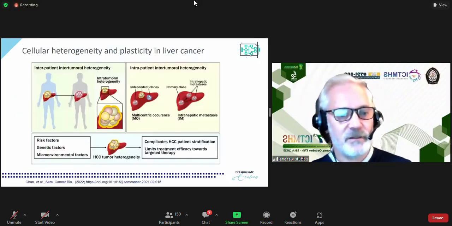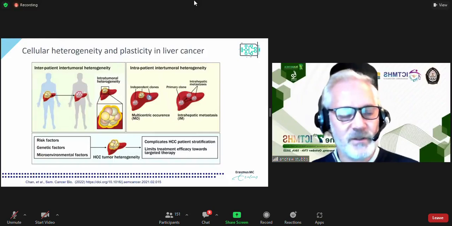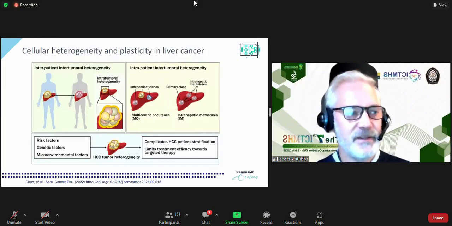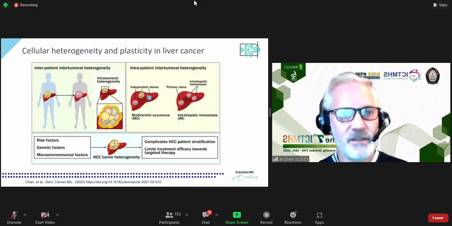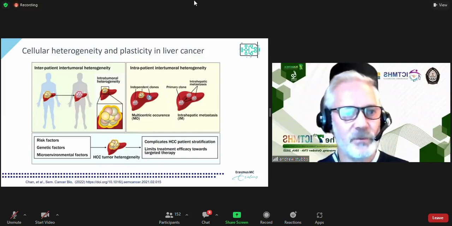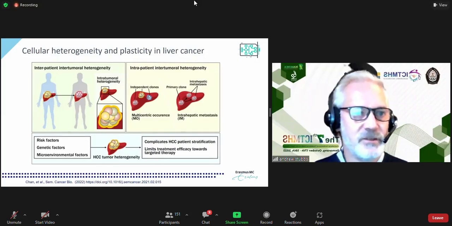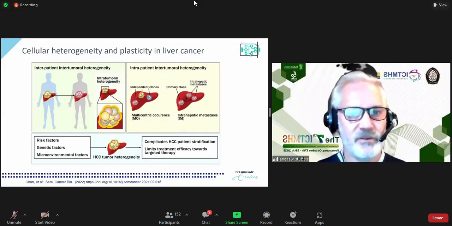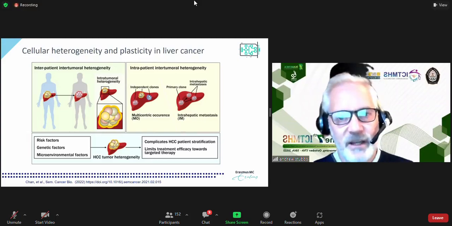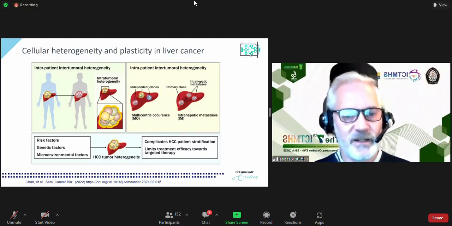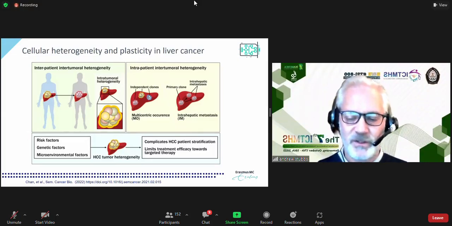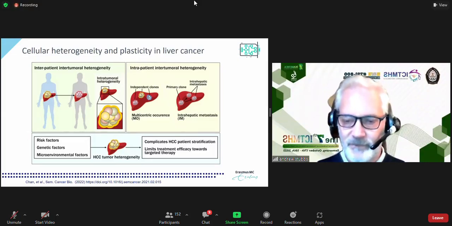We've taken this one step further. So this concept of disentangling the cell types from a mixed population of cell types in liver cancer. There are many different facets of liver cancer: intertumor, intratumor, interpatient heterogeneity. There are many risk factors in this process, and there are many stages, just like with pancreatic cancer.